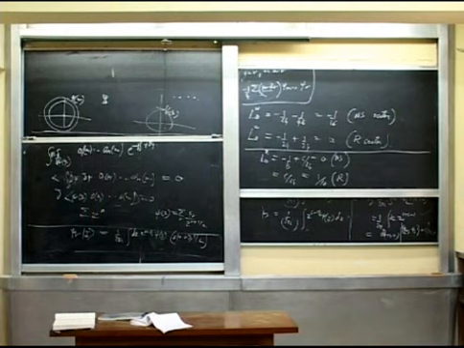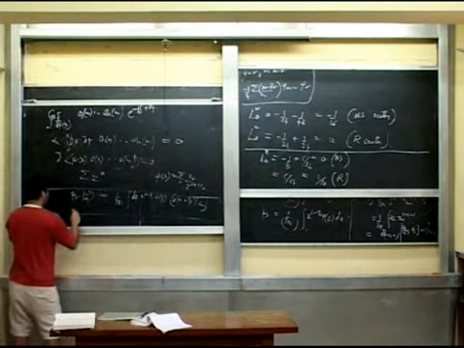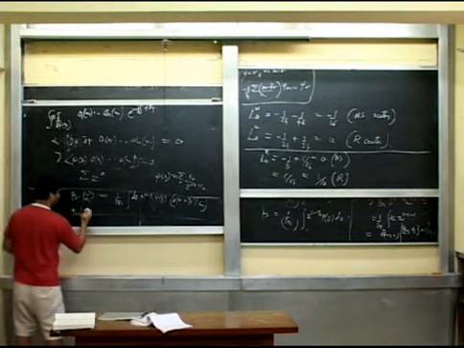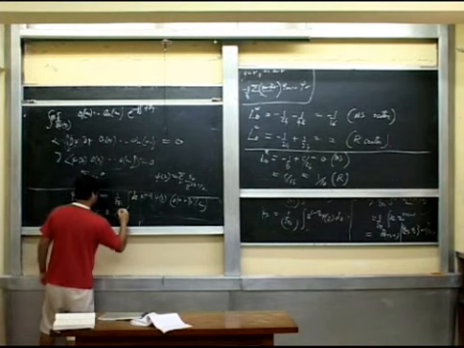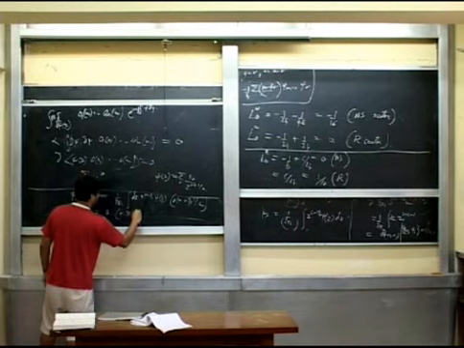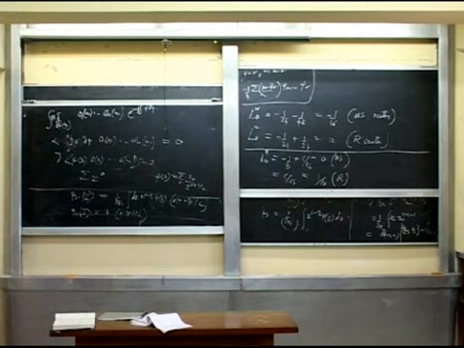No matter what other operators you insert, this correlation function will vanish. So we conclude that psi r on the identity is equal to 0 for r greater than or equal to half, and it's not 0 for r less than half.